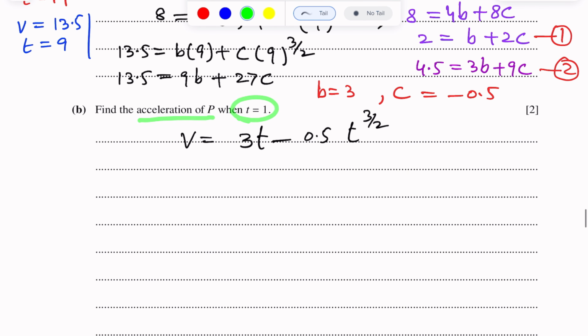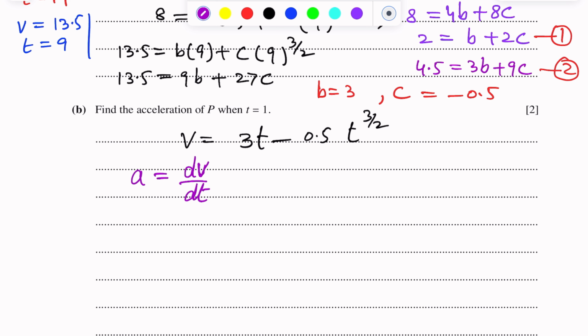So first of all, we will differentiate this. Since this equation is in v and t, we will differentiate velocity with respect to time. We get acceleration. So we can write acceleration is equal to dv over dt, which will be equal to 3 minus 0.5 into 3 over 2.